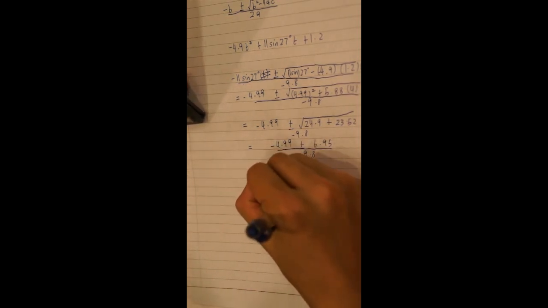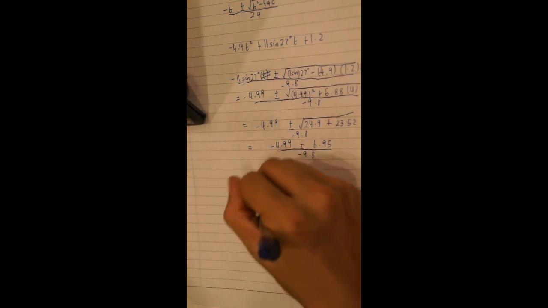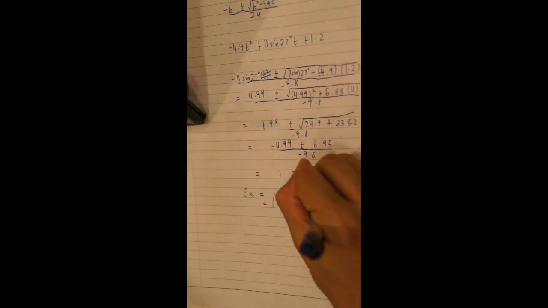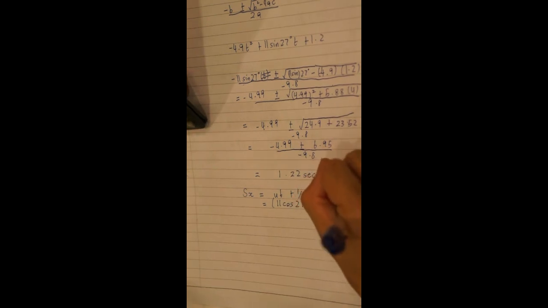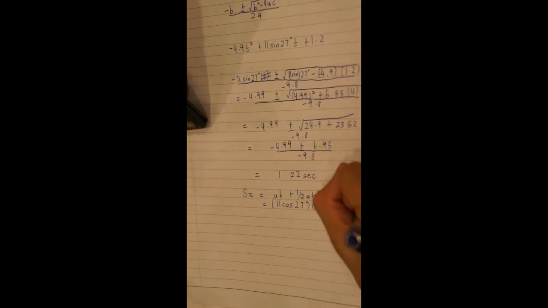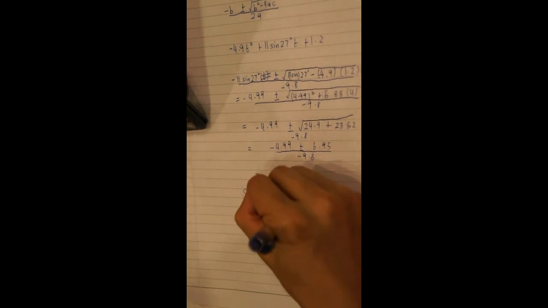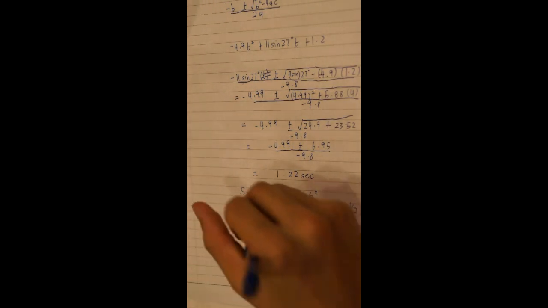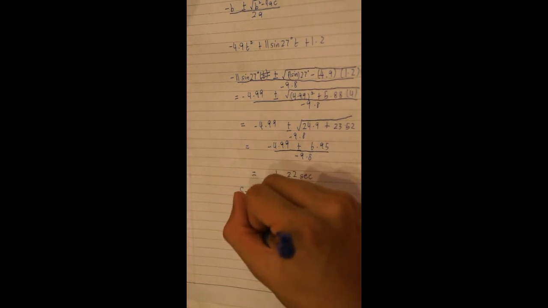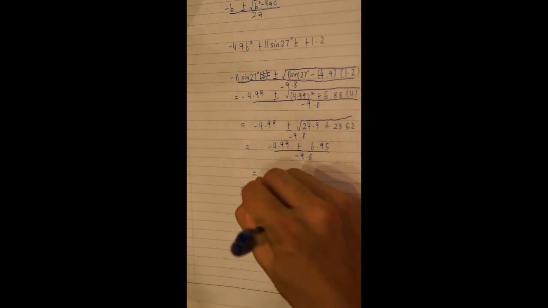So there's 11 cos 27 degrees times the time, which is 1.22, plus half, since acceleration is 0, and time is 1.22, but in the end this will become 0, so it'll just end up as 11 cos 27 times 1.22. So that would equal 11.96 meters.